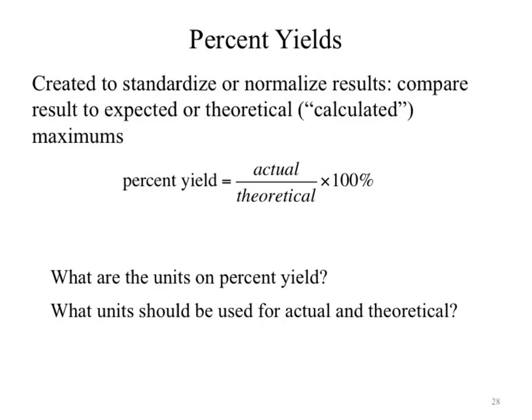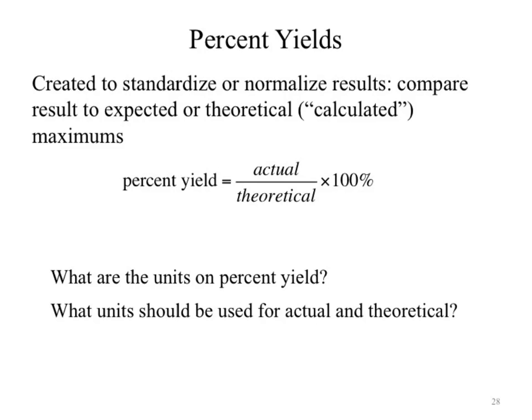You're theoretically supposed to get 5 grams of sodium carbonate. Your actual yield is 50,000 micrograms of sodium carbonate. When you do that calculation, 50,000 divided by 5, that's not going to be correct.